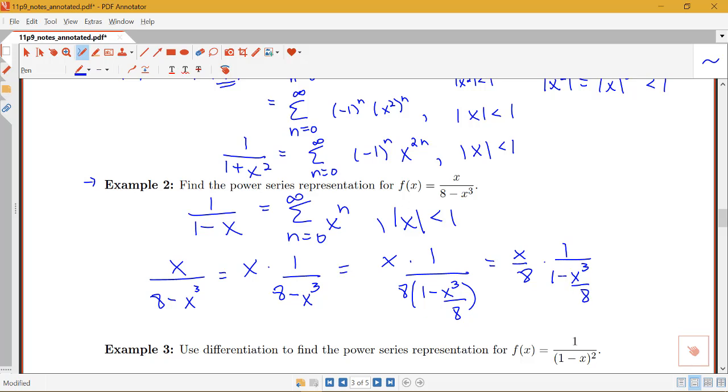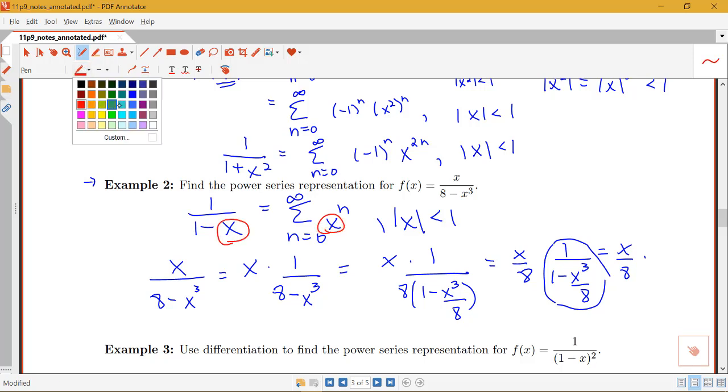Okay, and now I see this is in the form 1 over 1 minus something, and I have this x over 8 out in front. So I can say that this is equal to x over 8 times the series here that would represent 1 over 1 minus x cubed over 8. So I'm going to be replacing x cubed over 8 in here for x, doing a substitution.